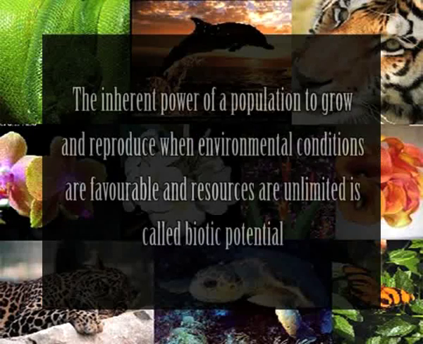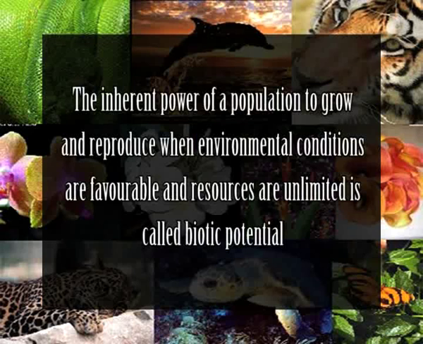That is, population growth increases slowly in the beginning, followed by rapid increase, and then becomes constant as it approaches the upper limit. The inherent power of a population to grow and reproduce when environmental conditions are favorable and resources are unlimited is called biotic potential, which is represented by R.